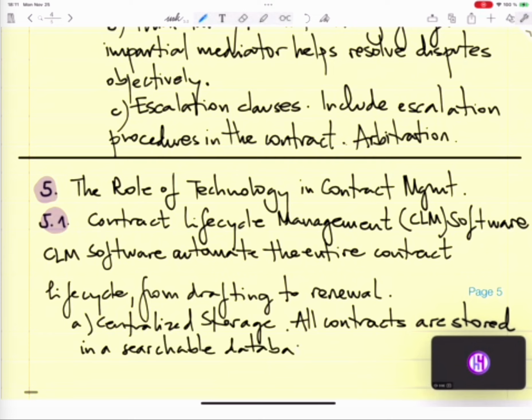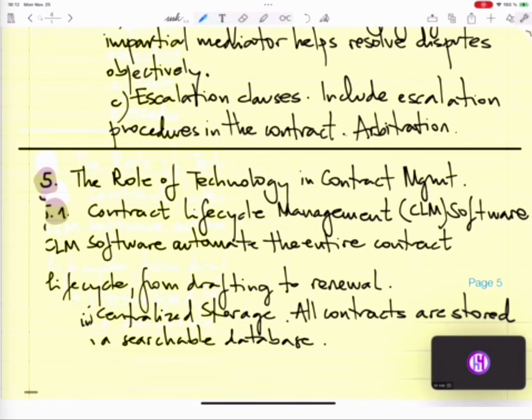This is actually compulsory right now for companies in the European Union. Okay, you need to do it until January 31st of 2025. All contracts need to be in centralized storage.